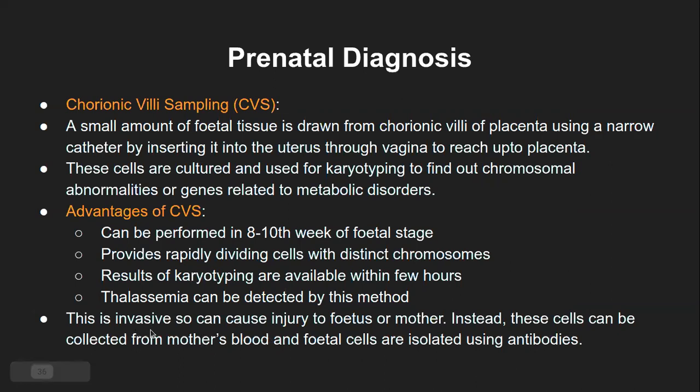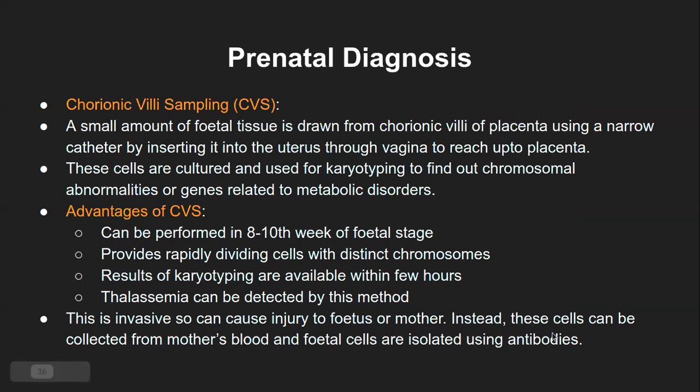Invasive in the sense that a catheter has to be inserted and might cause injury to the fetus or mother. So that becomes a disadvantage of this method. Instead, these fetal cells can be collected from the mother's blood. They are isolated using antibodies.